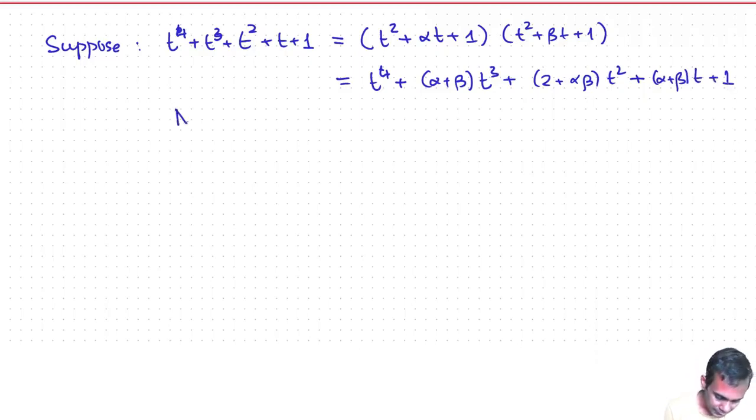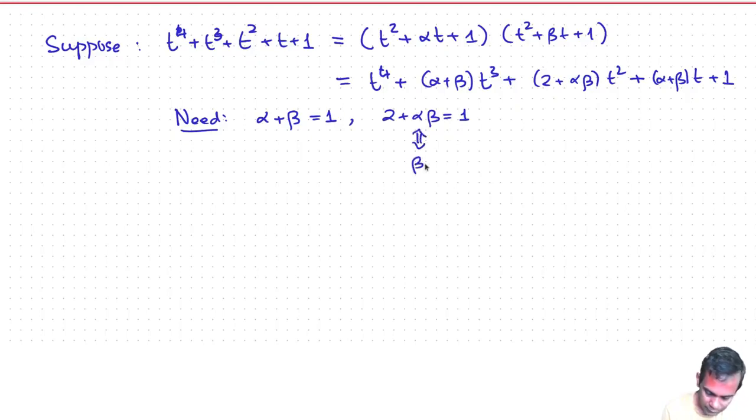So what we need is alpha plus beta is equal to 1 and 2 plus alpha beta is equal to 1. Well, 2 plus alpha beta is equal to 1 is the same as saying that beta is minus alpha inverse. And substituting that in here, we have alpha minus alpha inverse is equal to 1.